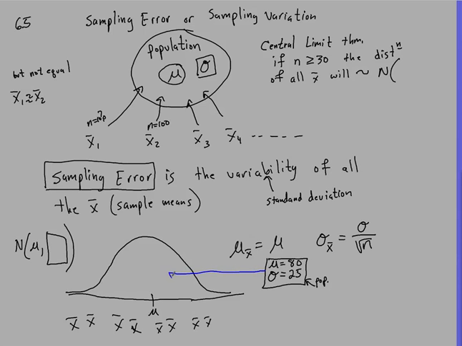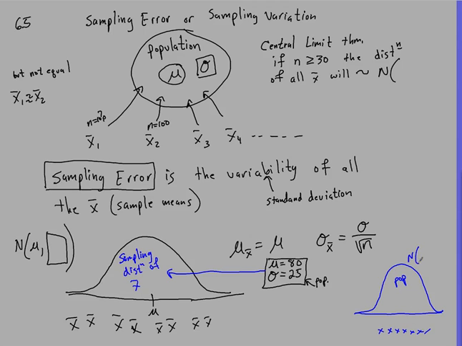So if I come over to here, this is the sampling distribution of all my x bars. These x bars aren't going to vary as much as this. So let me draw my population over here. This is my pop. So these are all my x's.